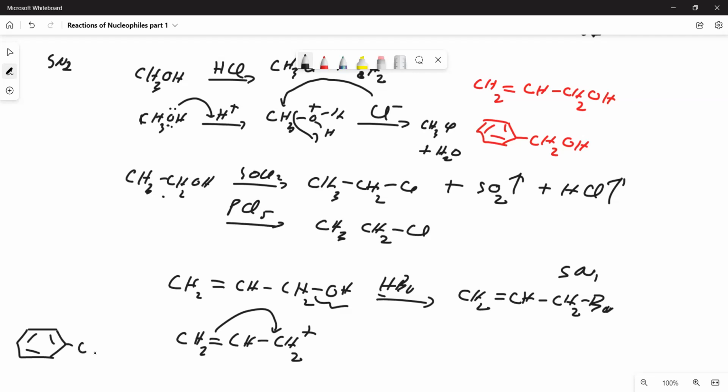If you react this with hydrogen halide to do the substitution reaction, to form CH2Br, then the assumed mechanism is also SN1 reaction.